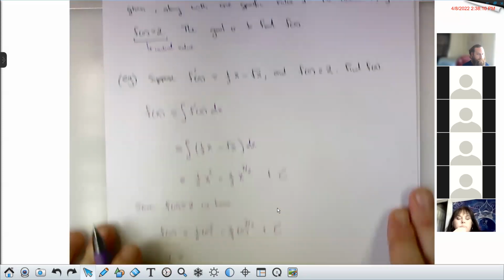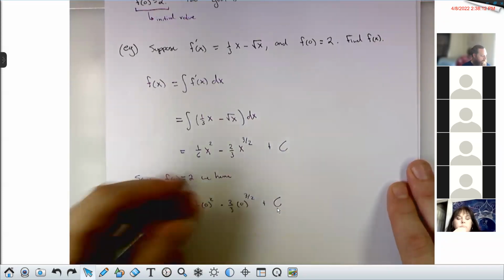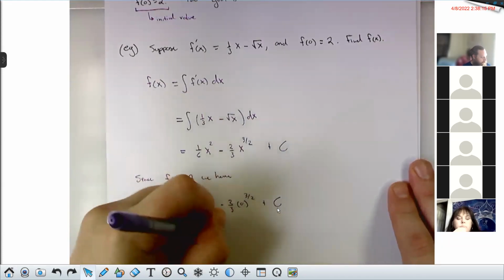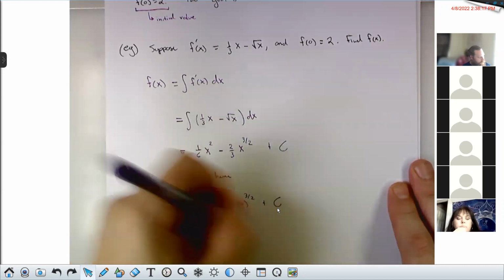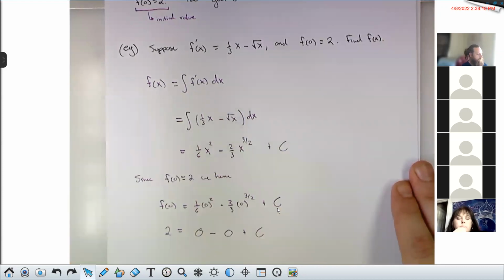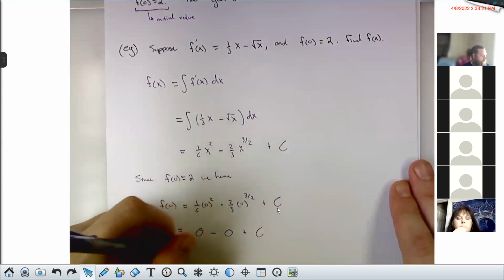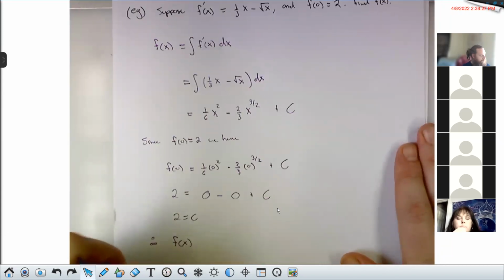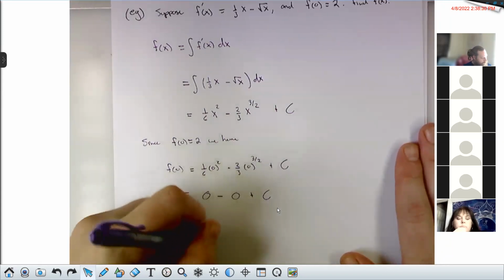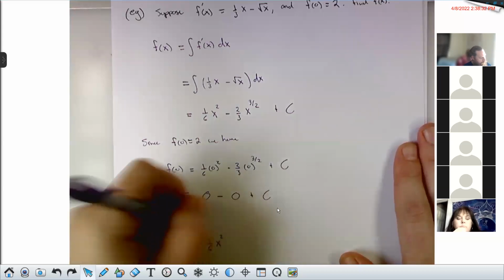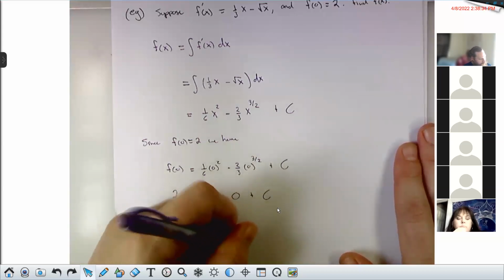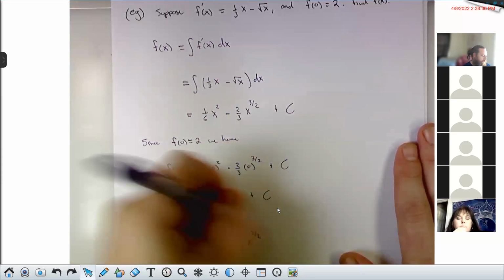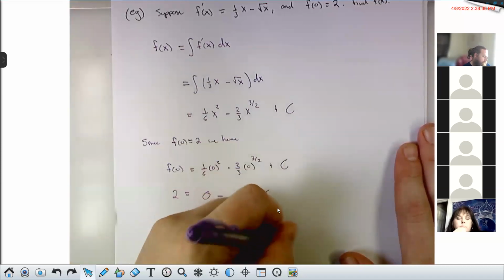We know that f of 0 is 2. 1/6 times 0 squared is 0, minus 2/3 times 0 to the 3/2 is 0. And so you just get c equals 2. Therefore, the function f that solves the IVP is 1/6 x squared minus 2/3 x to the 3/2 plus 2.